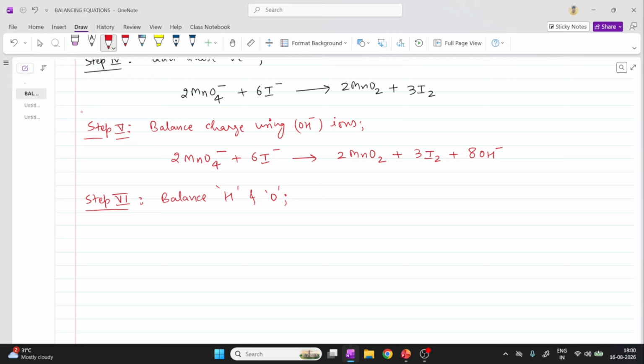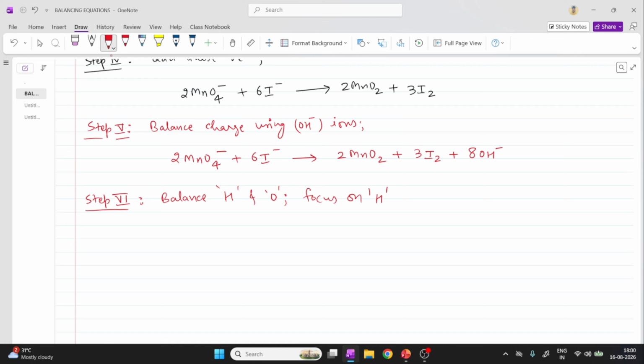Now here I will say focus on hydrogen. This you don't need to write, this is my observation. Focus on hydrogen, because when you balance hydrogen, the oxygen will get balanced automatically. And if it is not getting balanced, that means we have made some mistake. So focus on hydrogen only.